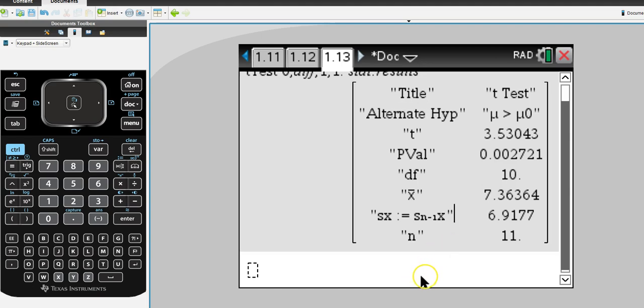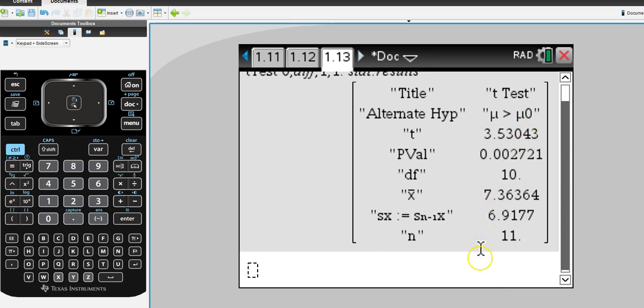So here we go. Now here we have a really small p-value. Our t, our test statistic, is 3.53 standard deviations from the mean. The p-value is less than 1%. So we have here convincing evidence to reject the null hypothesis because the p would be less than 5% or even less than 1%.